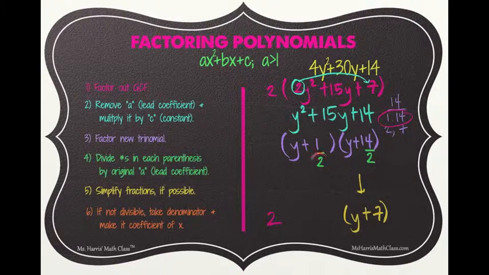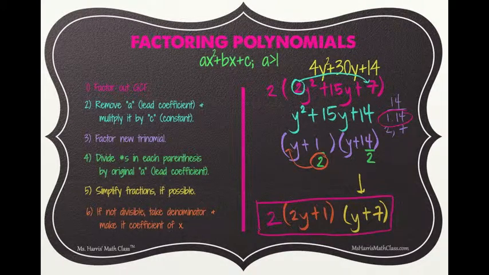Since we cannot simplify the fraction 1/2, we move the denominator 2 so that it becomes the coefficient of y, giving us the factor 2y plus 1. Now don't forget about the original 2 we factored out in the first step. All 3 factors of 4y squared plus 30y plus 14 are 2, 2y plus 1, and y plus 7.